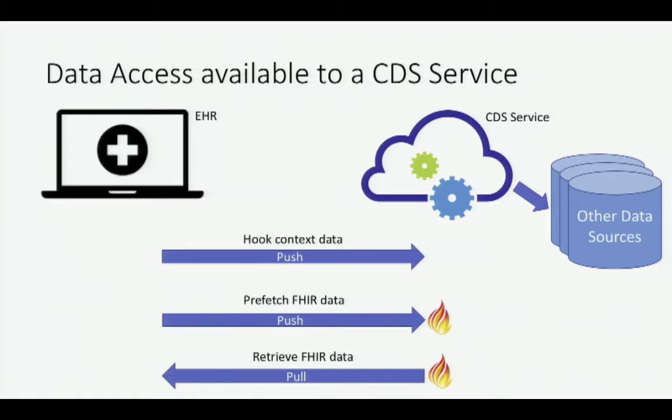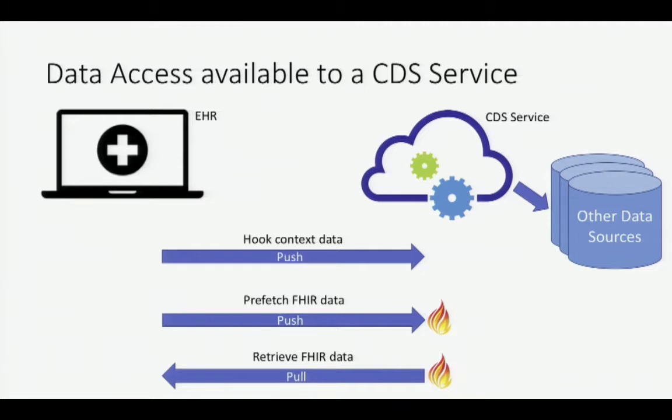Now, the CDS service can also request data be prefetched from the EHR. Imagine that you've got a CDS service that always needs the full patient FHIR record for the current patient in context. And so you request that this data be provided to you as a prefetched set of data.